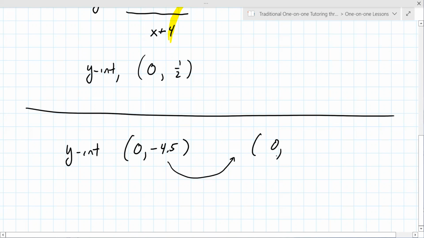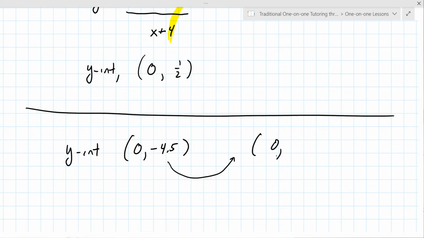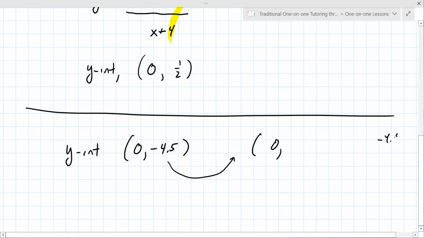Can you tell me what that would be as a fraction? So the shortcut here is to grab your calculator and plug in minus 4.5 and then go math, enter. Do you have your calculator handy? No. Okay. Well, if you did, you would get negative 9/2.